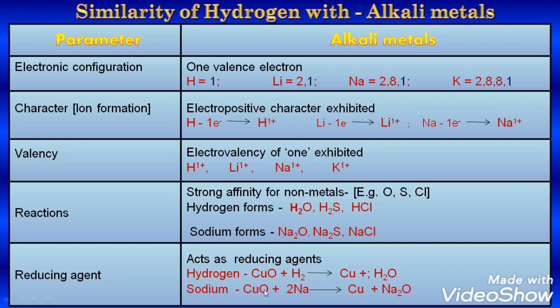That is why here we have sodium reducing copper oxide to copper. So it behaves like alkali metals and acts as a reducing agent. So these are some of the parameters which are similar between alkali metals and hydrogen. Learn them well.